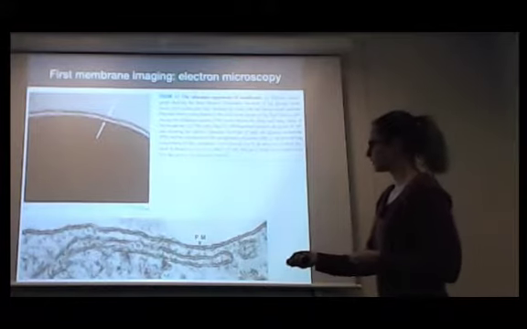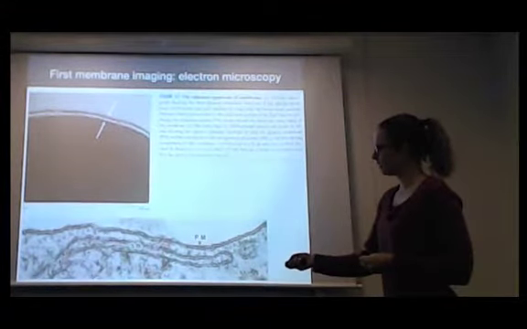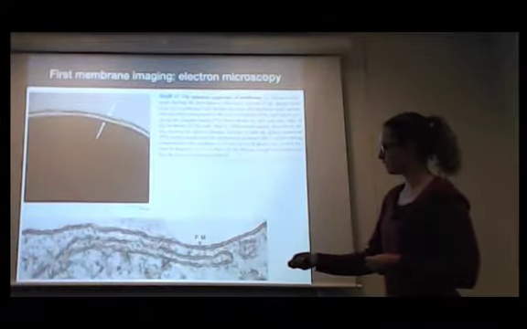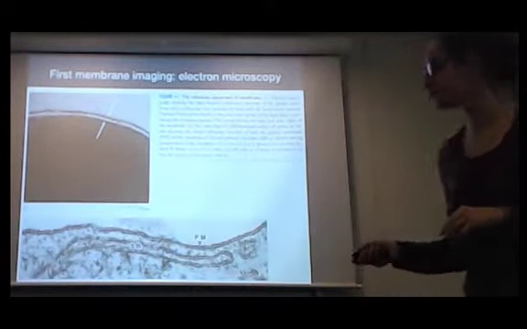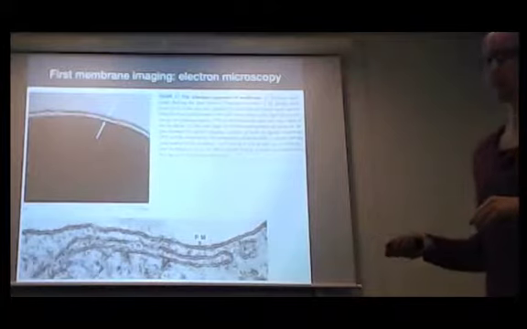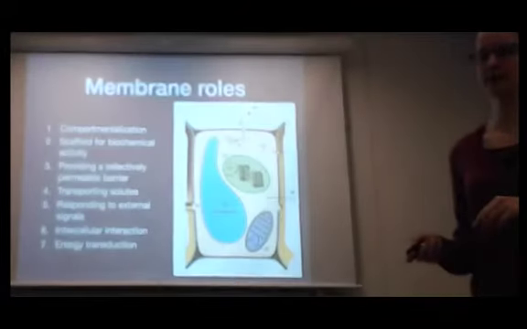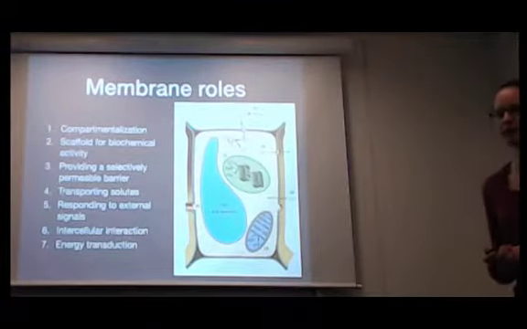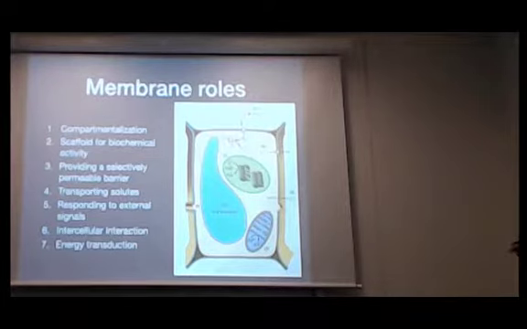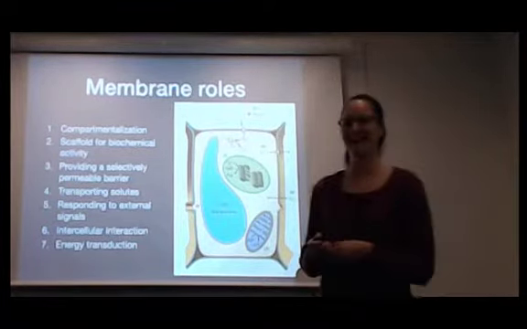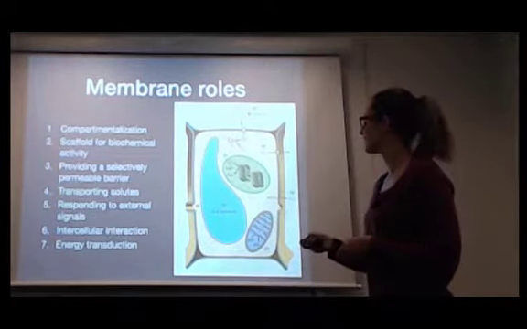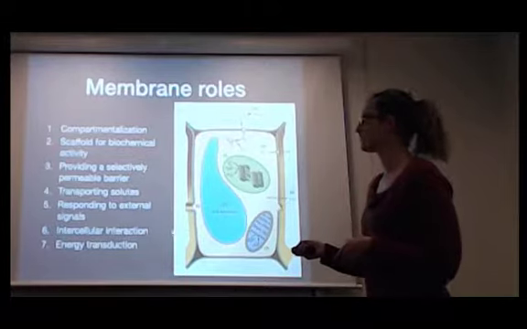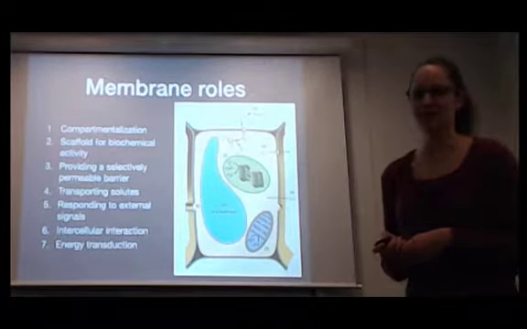And the thing to notice is that this periodic structure that contains two dark leaflets and a less dark leaflet in the middle is the same in both cases. So like I already said, the main role of the membrane is compartmentalization, and that means that it isolates the inside of the cell from the outside of the cell.